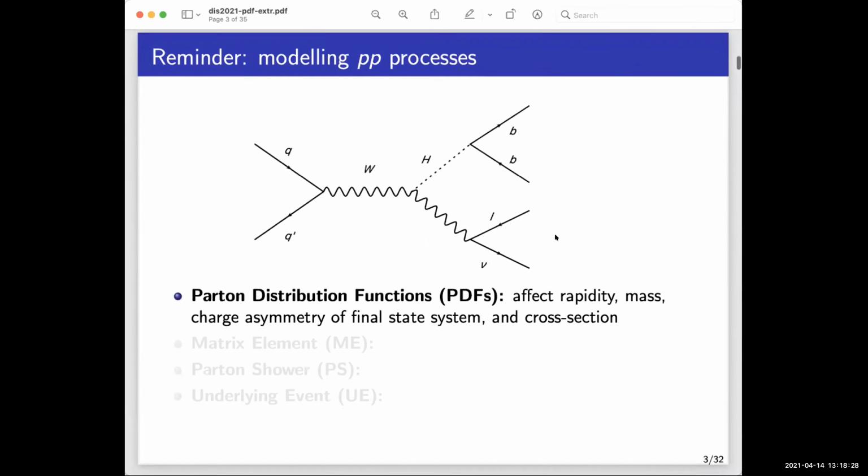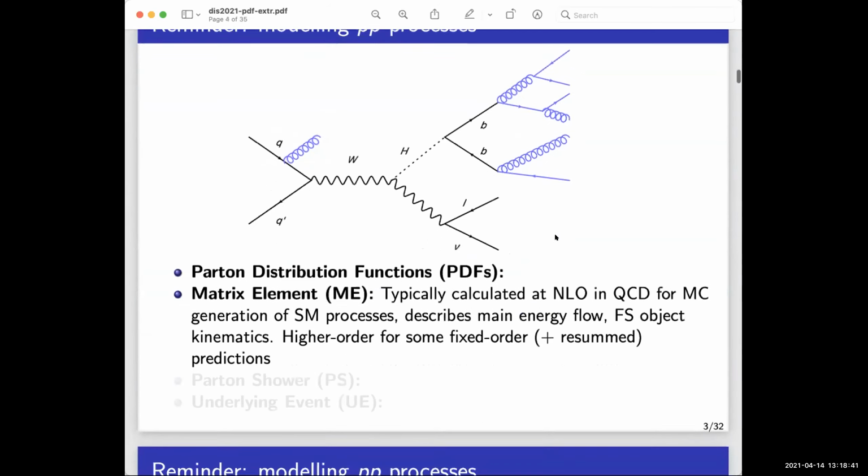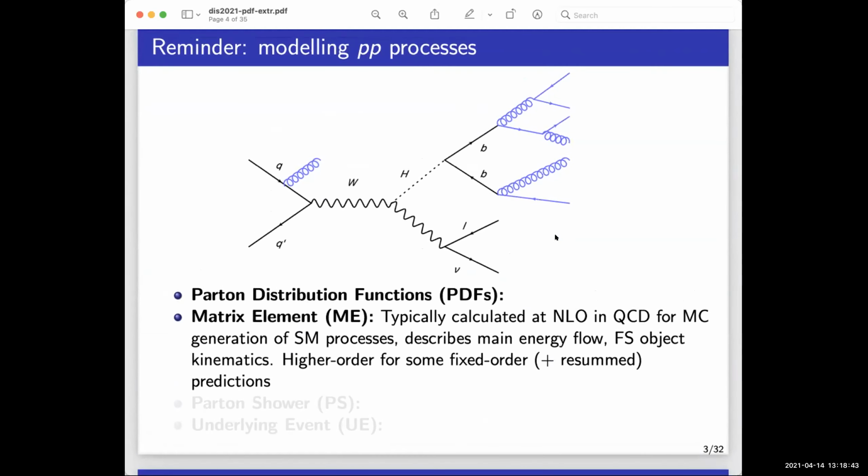I guess to this audience it is fairly clear that PDFs are basically what affect the rapidity, mass, and charge asymmetry of your final state system and the total cross-section, and that you can generally get these in Monte Carlos at next to leading order in QCD, and then fixed order calculations tend to go higher.